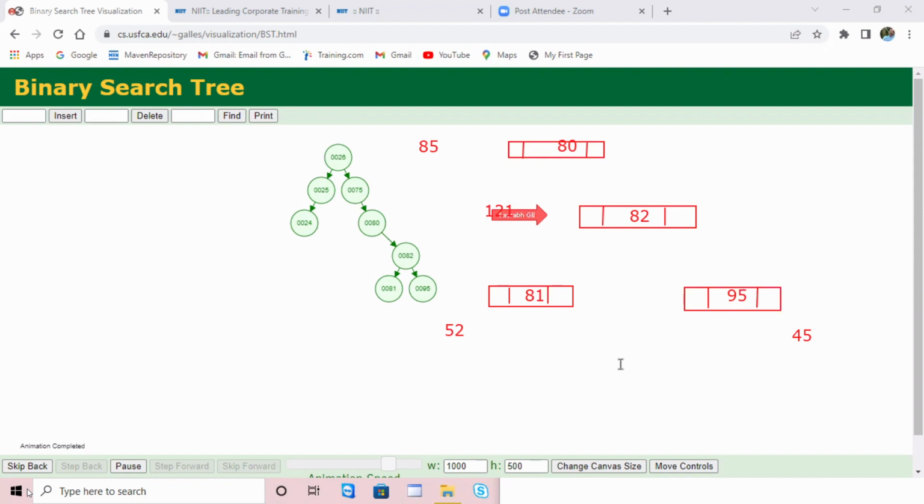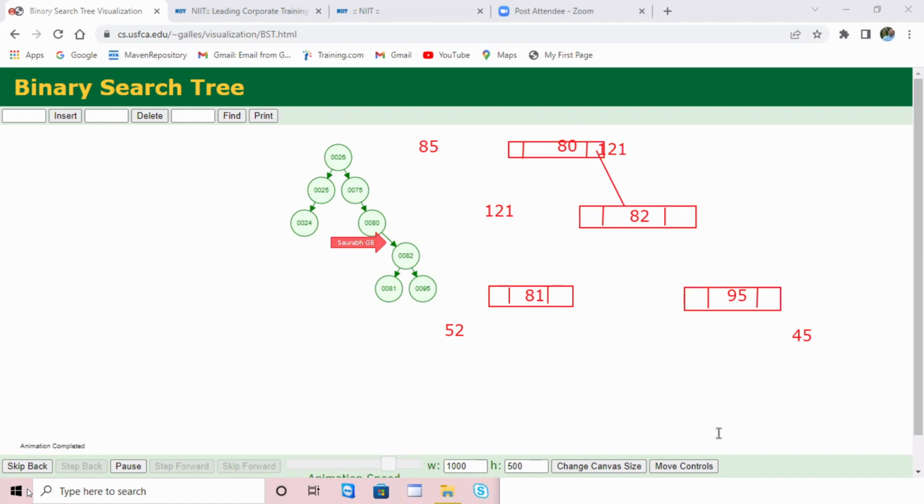Okay. Now, in this node, that means I am talking about this node, which is having a right child, and right child holding the address of this node. So I can say actually my communication happens over here. So in this particular area, I am having a value 121.